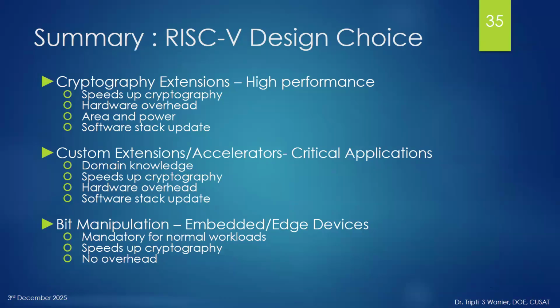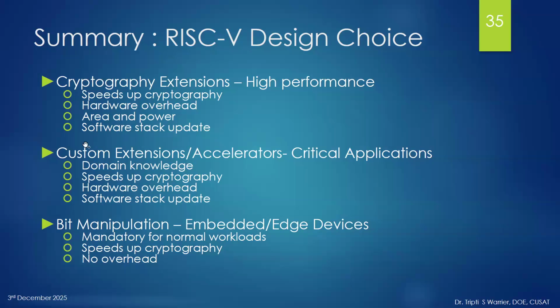We know that cryptographic extensions will speed up cryptographic applications with a hardware overhead, which is directly associated with area and power. So generally, high performance systems would be using such.